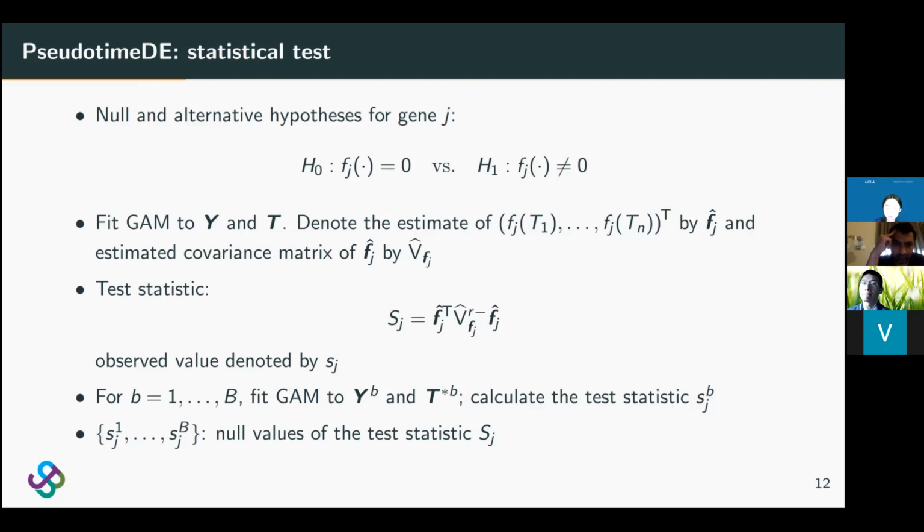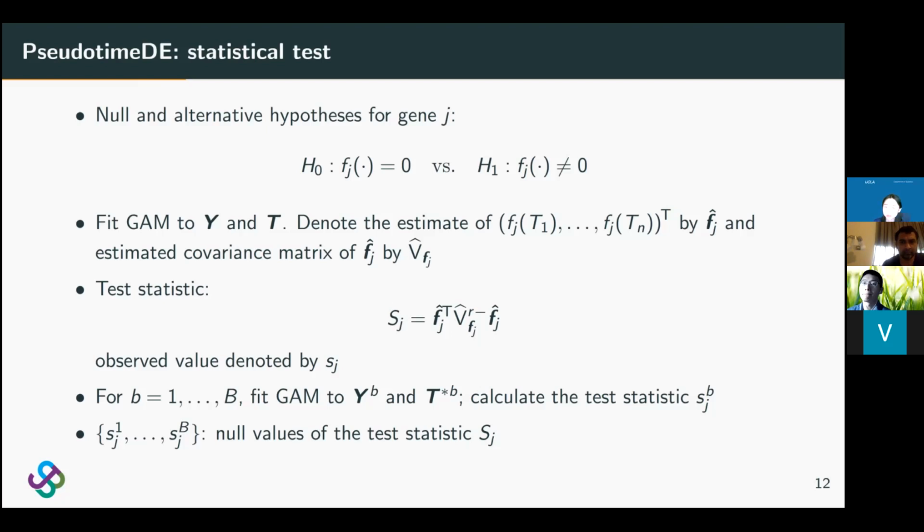The ignorance of the pseudotime is only one reason. We found another reason for the invalid p-values: that method chooses the number of knots, the degree of freedom, in a data-driven way.